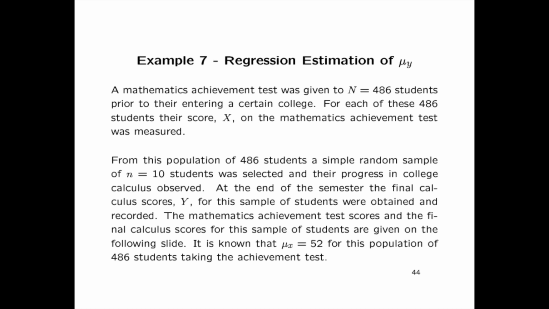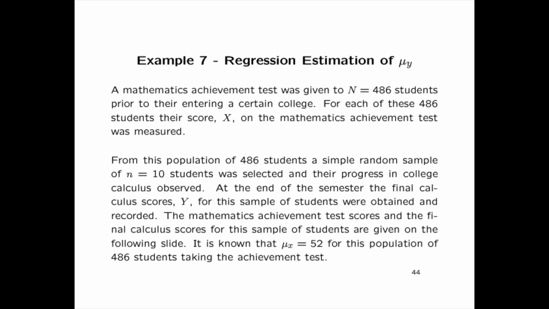All right, so let's look at an example. This is example 7, regression estimation of mu sub y. A mathematics achievement test was given to 486 students prior to their entering a certain college. From these students, a simple random sample of n equal to 10 students was selected and their progress in calculus observed. Final calculus grades were then reported as given on the following slide.